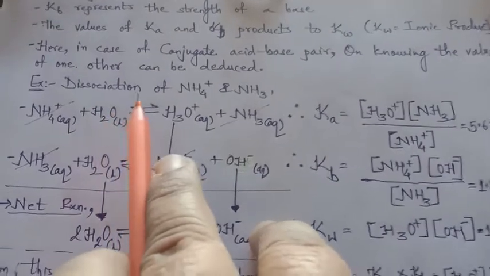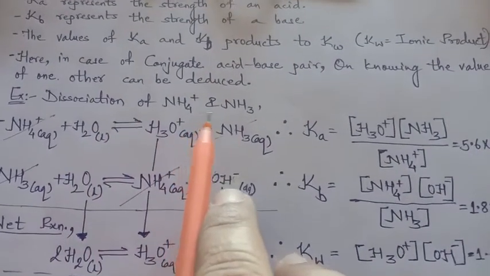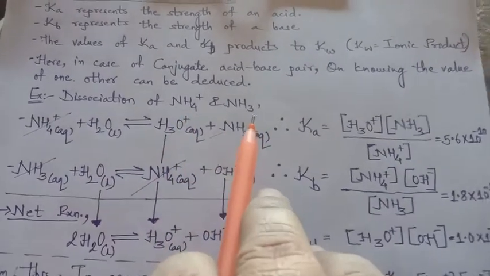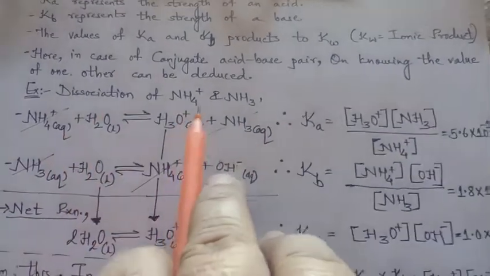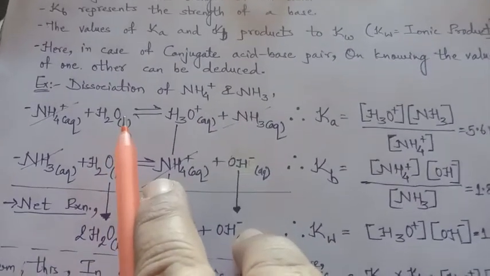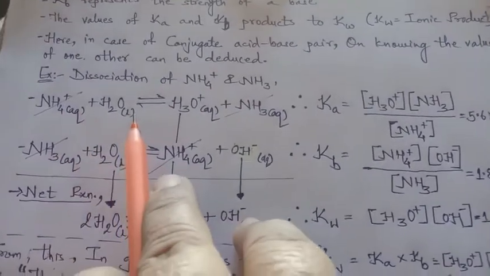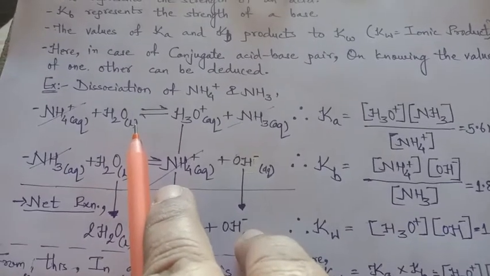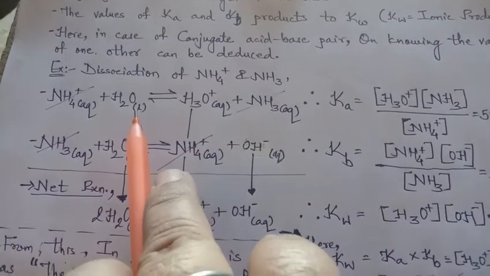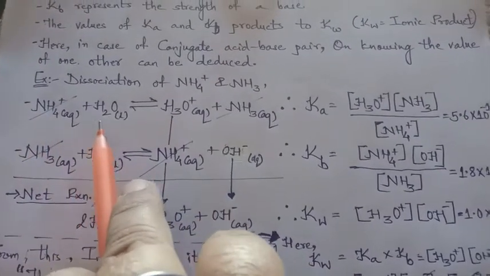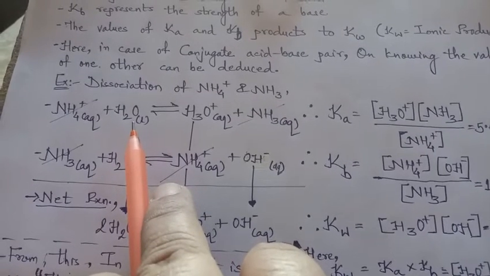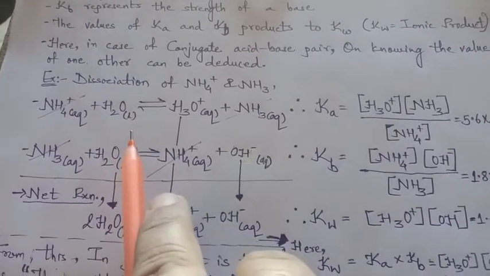Here is the dissociation of NH4 plus to NH3, ammonium ion to ammonia. Ammonium ion NH4 plus undergoes hydrolysis, that is, it reacts with water. The reaction is called hydrolysis reaction. When it undergoes reaction with water, then H2O is ionized as H plus and OH minus.